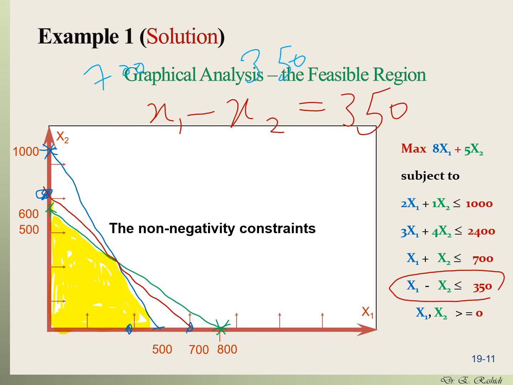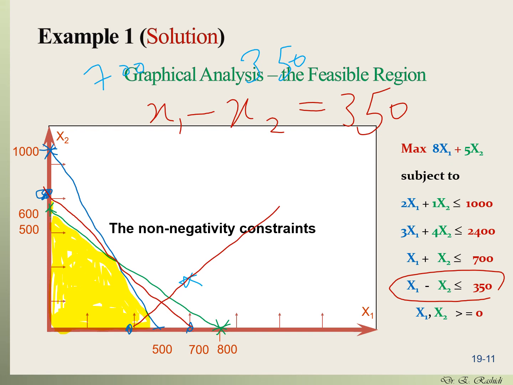Another point would be x1 700 and x2 350. It would be somewhere here. Okay, so I'm going to draw the line here. This would be our line. We don't care about the side below the line.